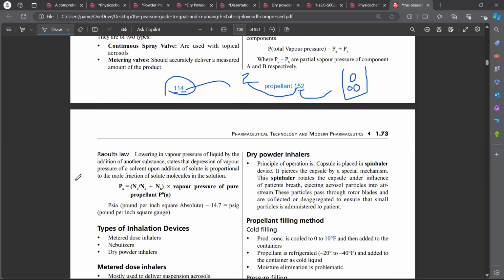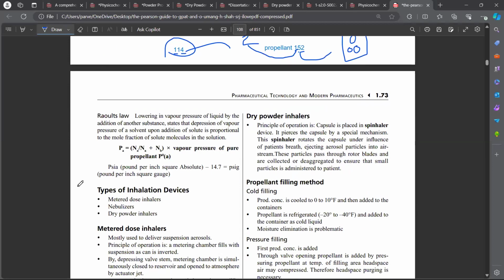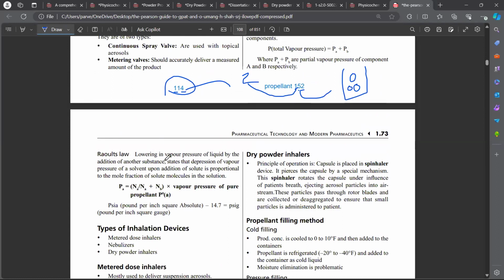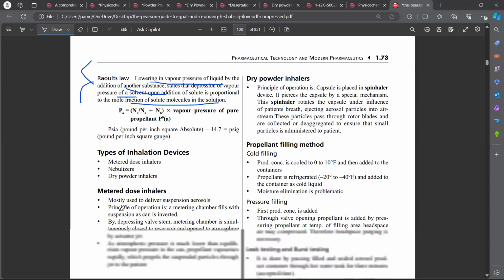This is known as Dalton's law. Coming to Raoult's law, it says that the lowering of vapor pressure of a liquid by the addition of another substance, that is, the depression in the vapor pressure of the solvent upon addition of solute, is directly proportional to the mole fraction of solute in the solution. There can be a positive deviation or negative deviation from Raoult's law.